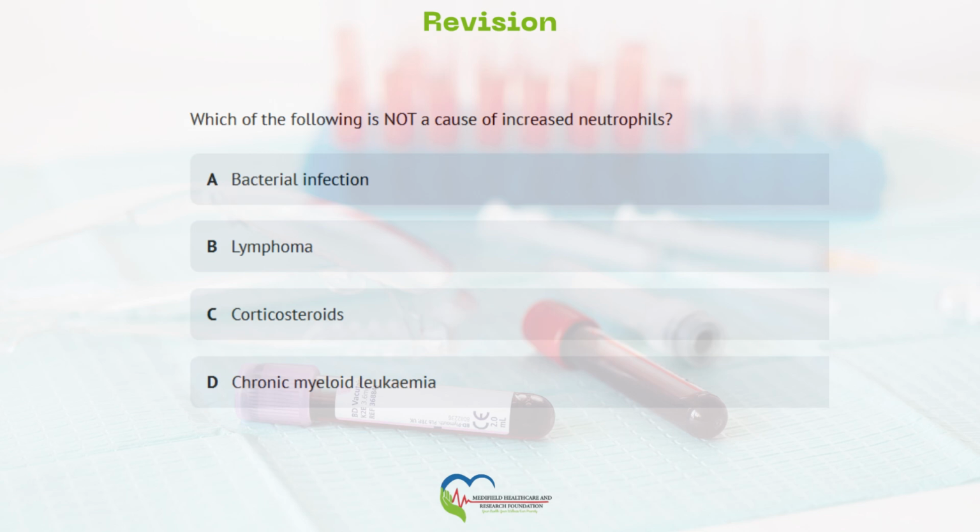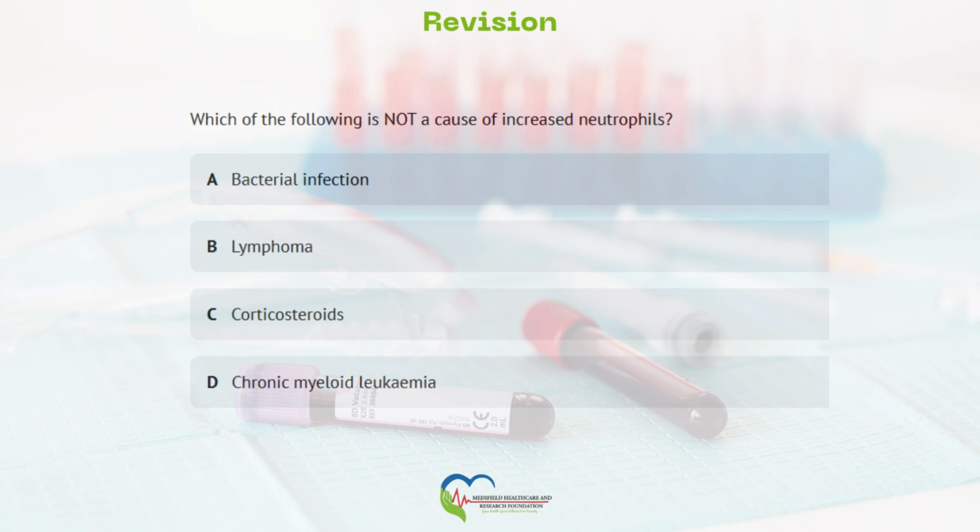Which of the following is not a cause of increased neutrophilia? A, bacterial infection causes. Lymphoma, corticosteroids causes. Good. Which one is not? I think I would go for lymphoma. Lymphoma is a cancer of the lymphoid glands. Chronic myeloid leukemia, at least this one has something to do with the bone marrow. Anything that has something to do with the bone marrow will primarily increase the cells.